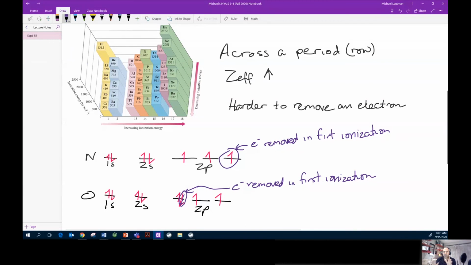Now, these trends in ionization energy are also at the root of why, for example, metals form cations, right? Metals lose electrons, and nonmetals gain electrons. Because if you look at this, there's a big difference in how much energy is required to remove an electron from lithium versus fluorine.